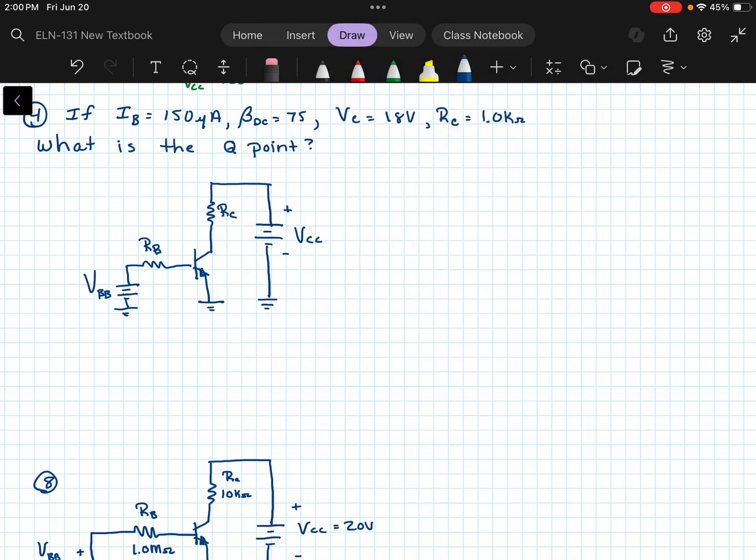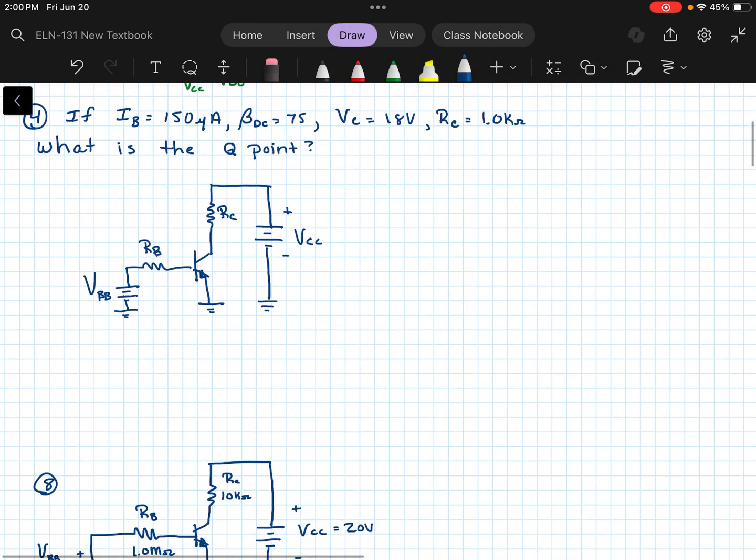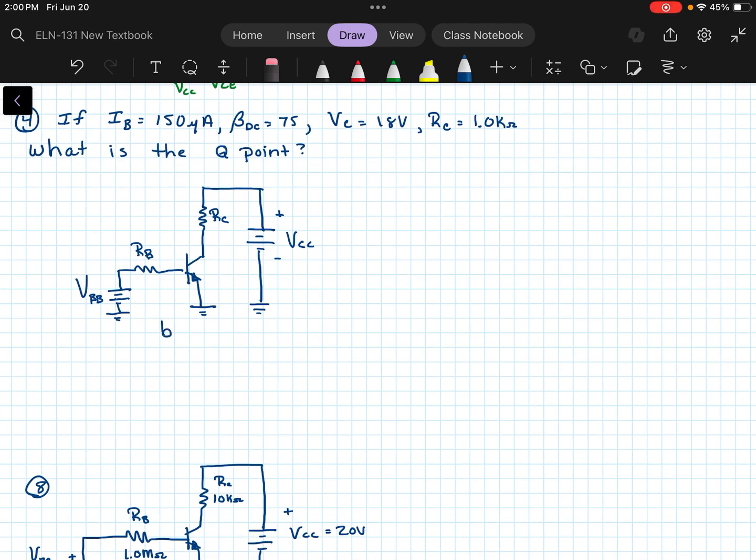So here we have a base bias, so we don't have any resistor at the emitter. We don't have a voltage divider at the base, so it's just a base bias here.